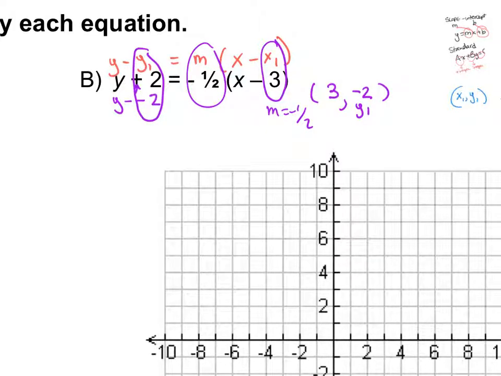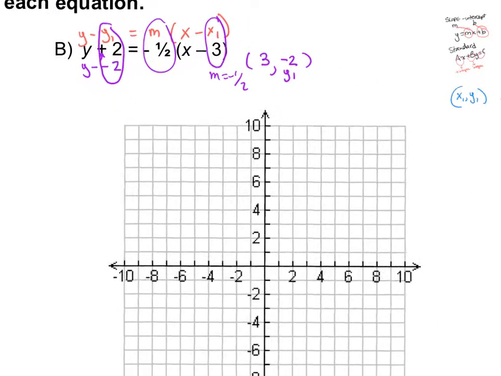So when I go to plot my point, I am going to plot 3 comma negative 2, which is over to 3 down to negative 2, and my slope is negative 1/2.